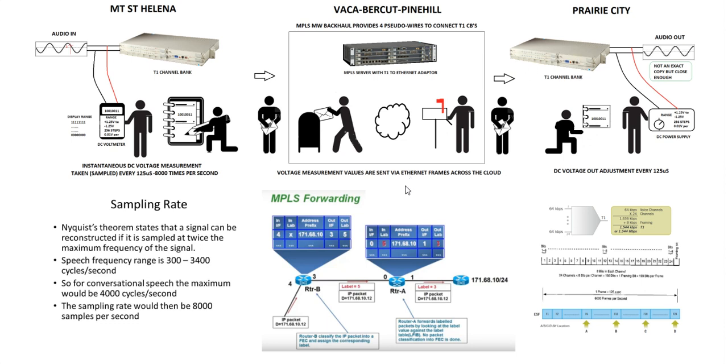Now, we just happen to be using a system called MPLS, and not to get too complicated on MPLS because it is a complicated subject, and there's worlds within worlds with all these things.